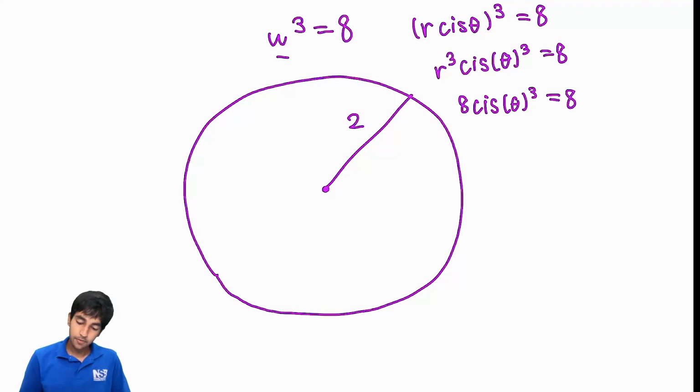If this was something else, let's say 3, then we would have 27 of this, and this would not work, because w cubed would be 27 away from the origin.